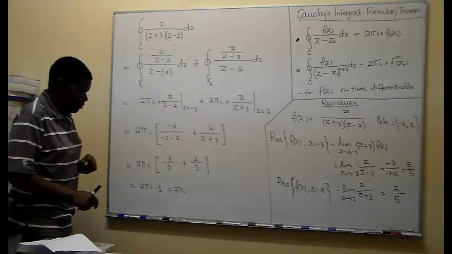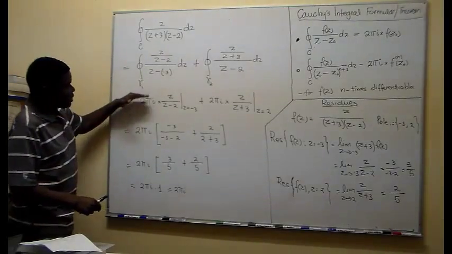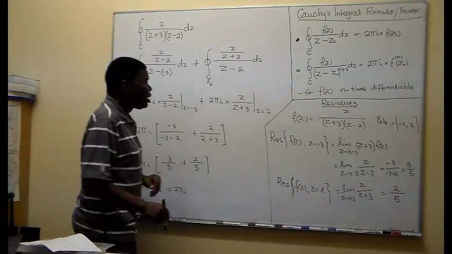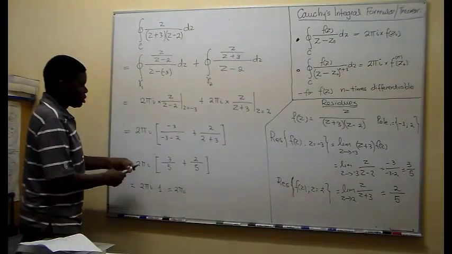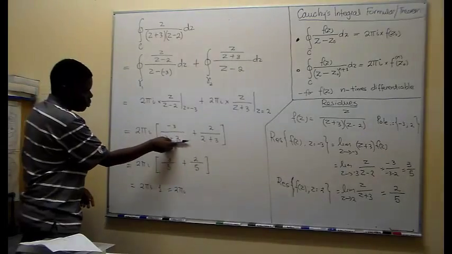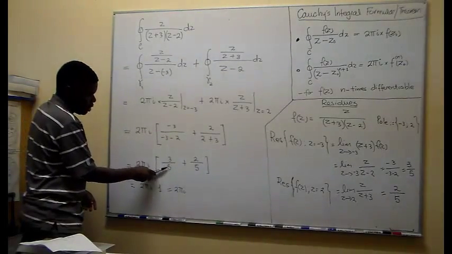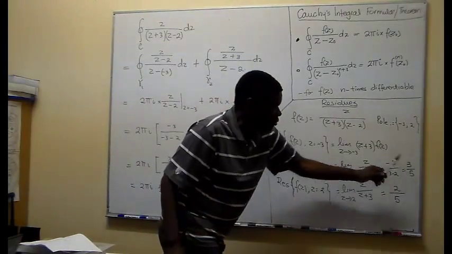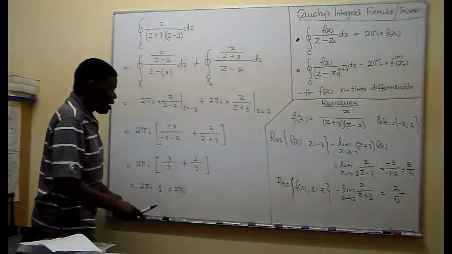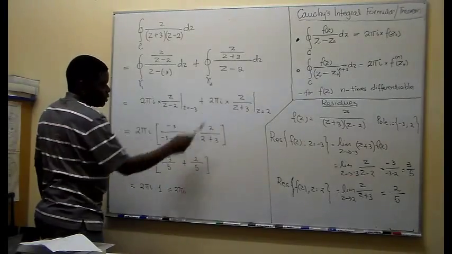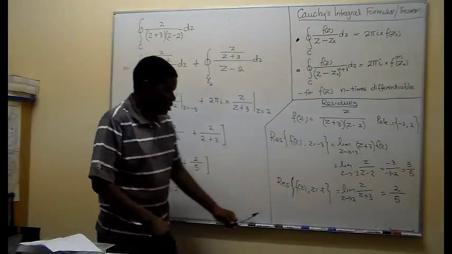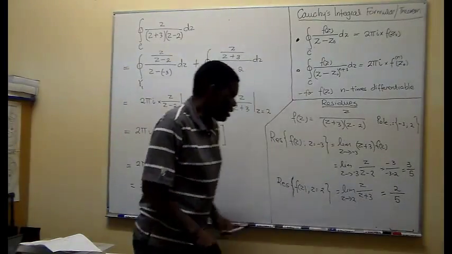So what we observe is that this integral, evaluated according to the Cauchy integral theorem, took us through these parts. We evaluated there and got 3 over 5. Incidentally, here we also got 3 over 5 as a residue. And evaluating this part of the integral, we got 2 over 5, which is our residue there.